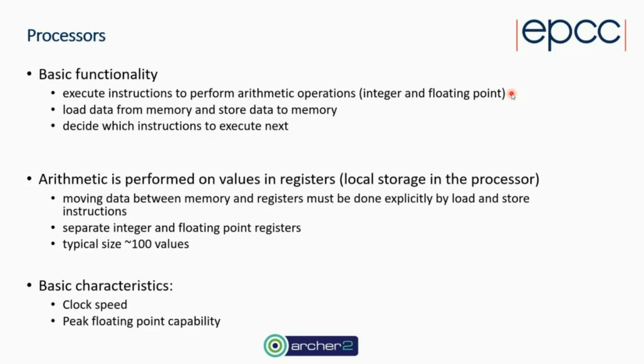Now, processors have separate registers for integer and floating point, and indeed separate registers for integer, floating point, and vector operations. How many registers the processor has varies from processor to processor, but you're looking at the order of 100 registers for integer and 100 registers for floating point operations.